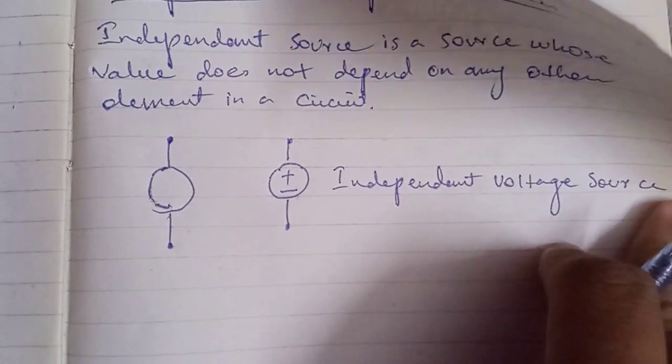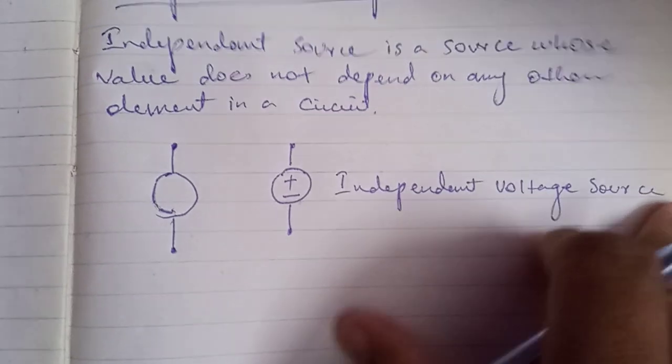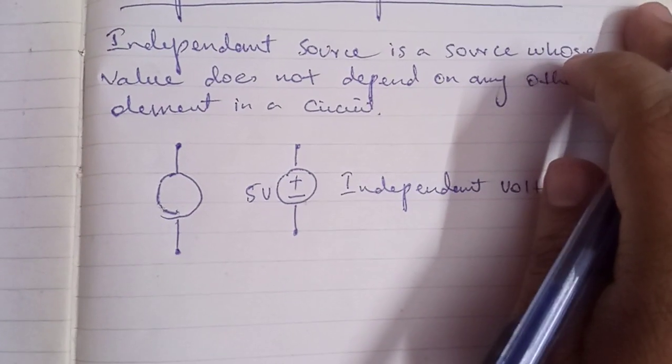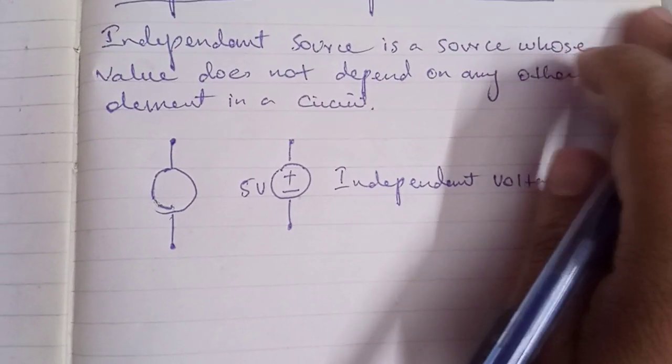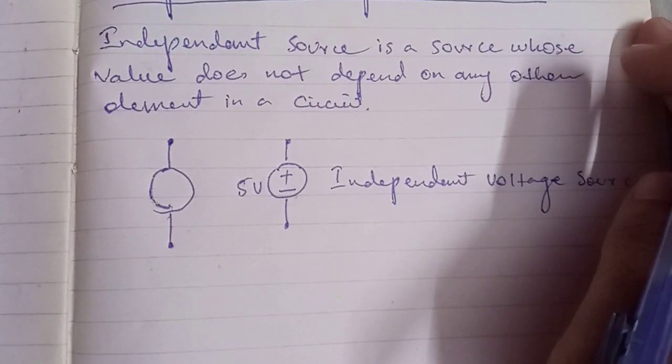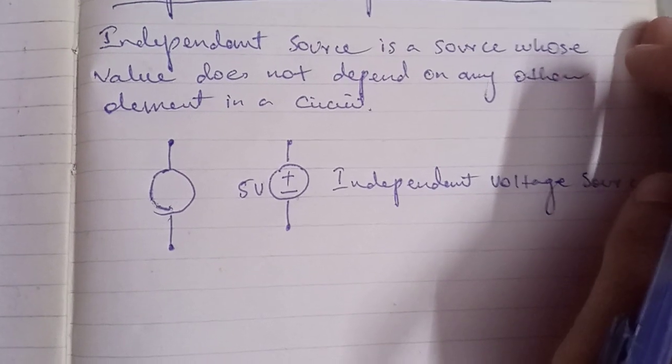For example, you can say it has a value of 5 volt. This 5 volt doesn't depend on any other element or component in the same circuit where it is connected as a source.